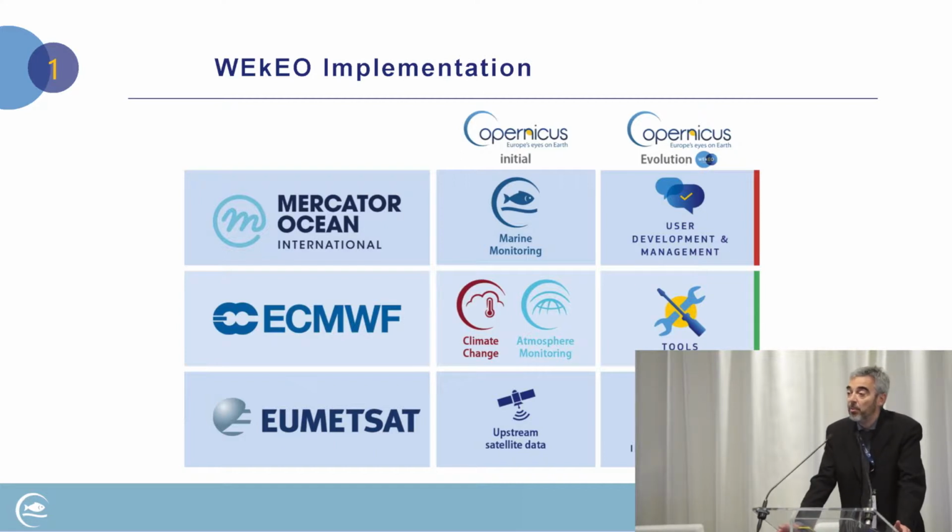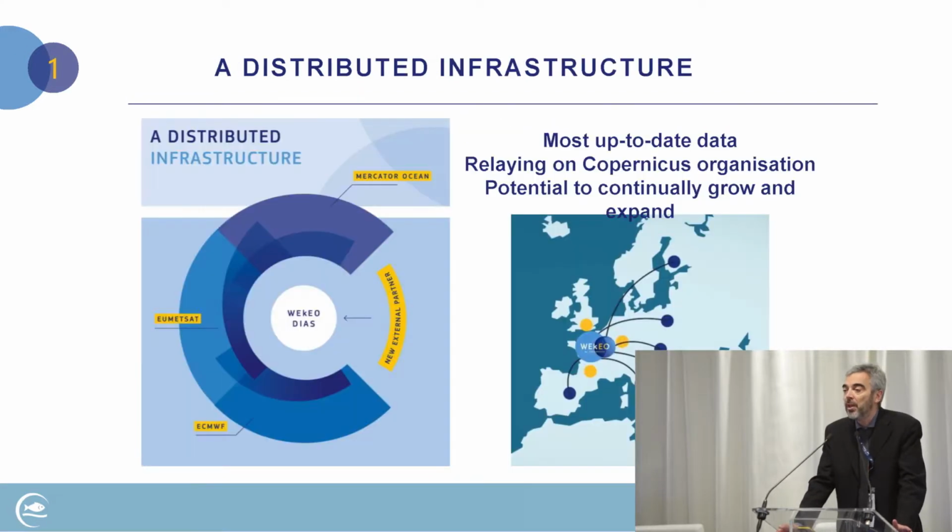In terms of data, it is a unified access to all the Copernicus data and services, meaning that you can get access to all the Sentinel satellite data and to all the Copernicus services, including CMEMS, but also the land, the atmosphere, the CAMS. For the time being, nothing is planned for the emergency and defense Copernicus, because they are under a different rule of access.